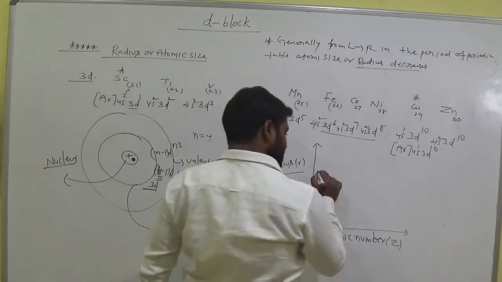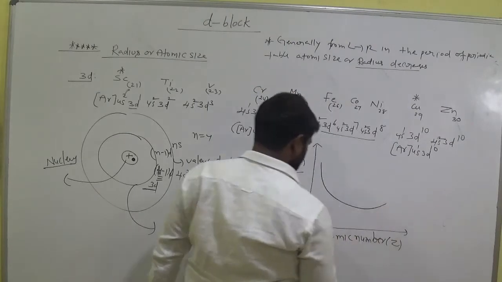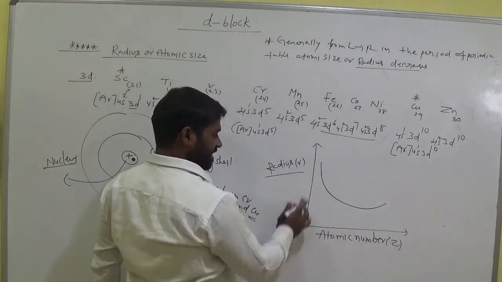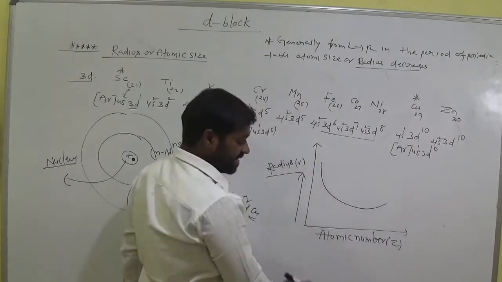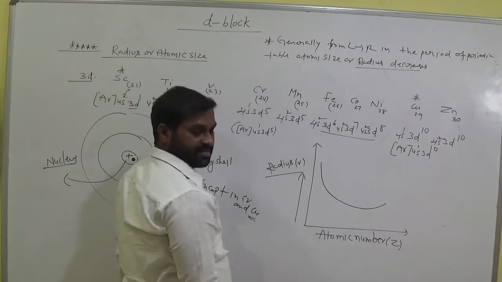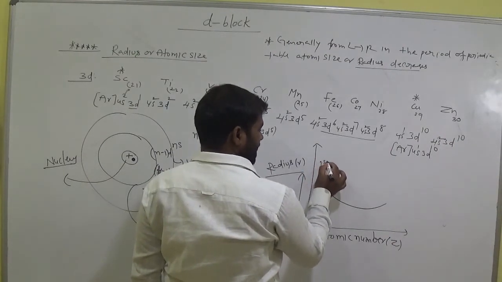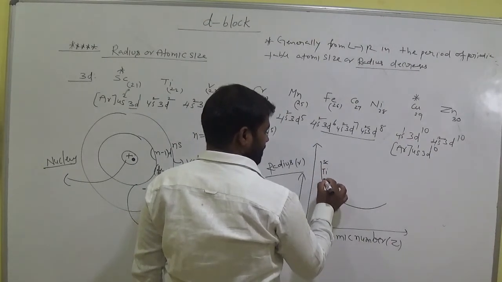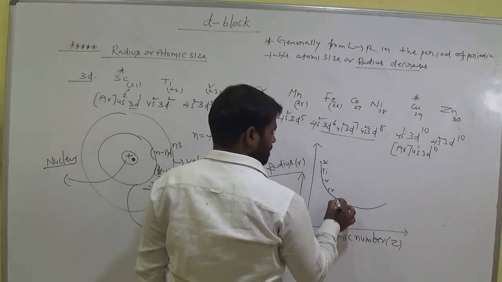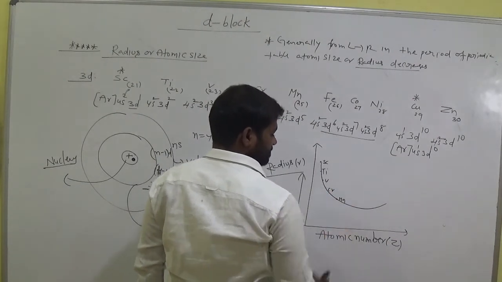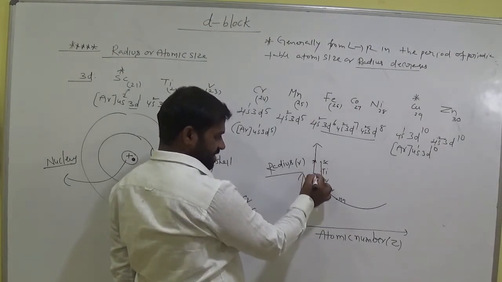So what is the representation here? These are the atomic radius values, increasing from 0 to high, and here the atomic number increases from 21 to, suppose, 30. So here it is scandium, starting with scandium, titanium, vanadium, chromium, manganese. Compare these values.